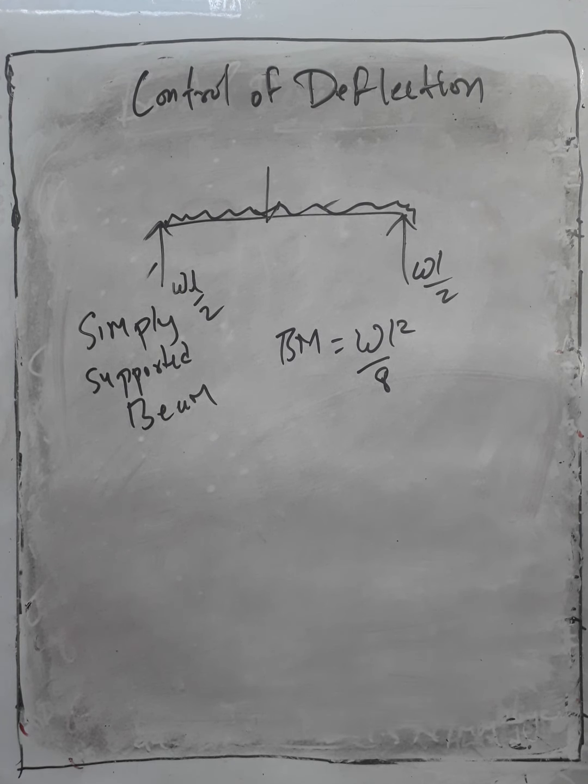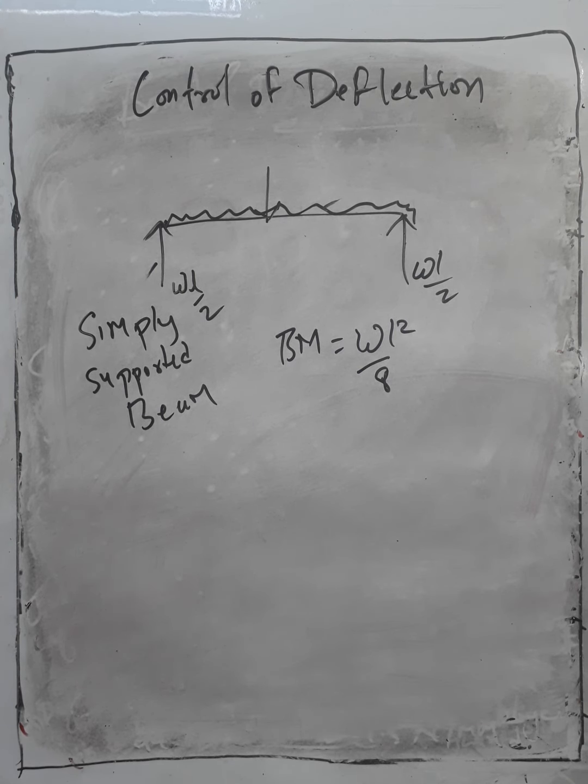When you studied structural analysis, you already learned how we find the deflection. For that you have learned various methods, like the moment area method, double integration method, etc. When you find the deflection, you see that it depends on the depth. How does deflection depend on the depth?